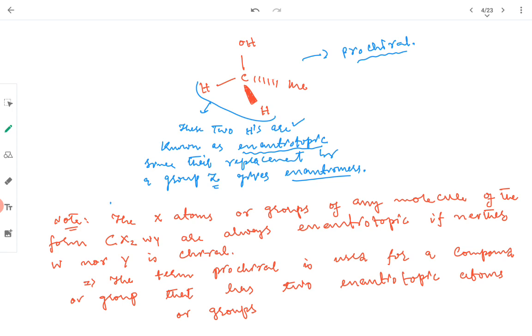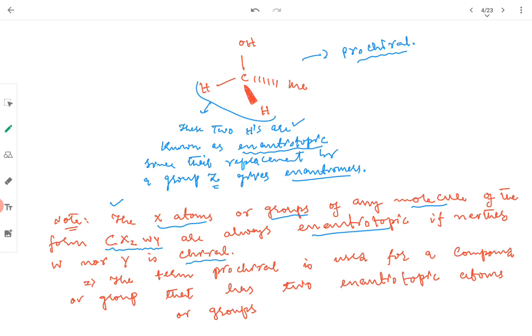So you have to note here the X atoms or groups of any molecule of the form CX2WY, where X2 are similar groups, and W and Y are different groups. They are always enantiotopic if neither W nor Y is chiral.